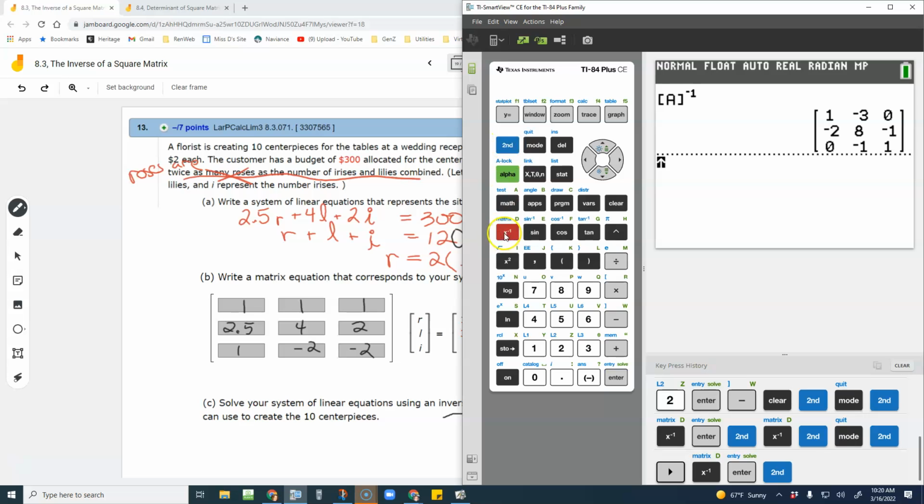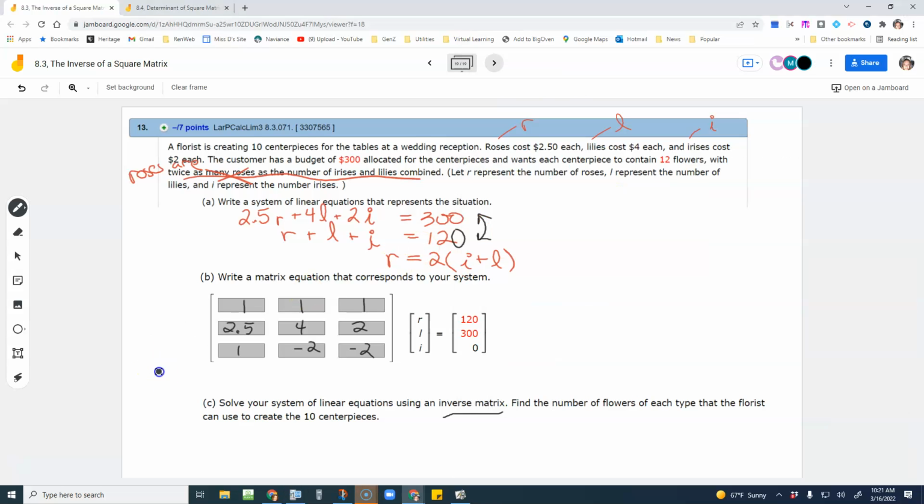They're having you just kind of use the idea of, like in any math ever, if I have numbers times variables equal numbers, we do the inverse operation, right? So just showing you matrices are not any different. You just have to follow a very specific, ordered method to solve.